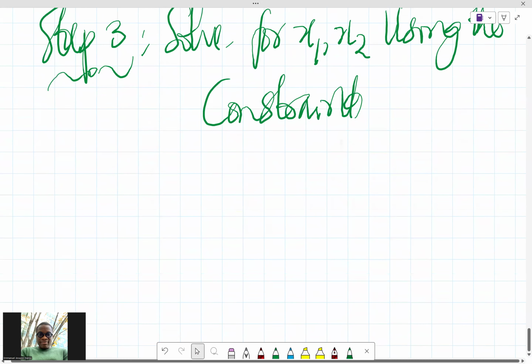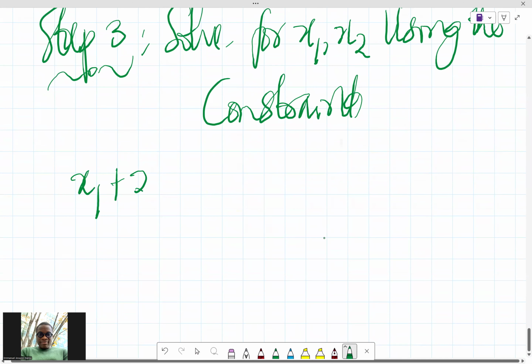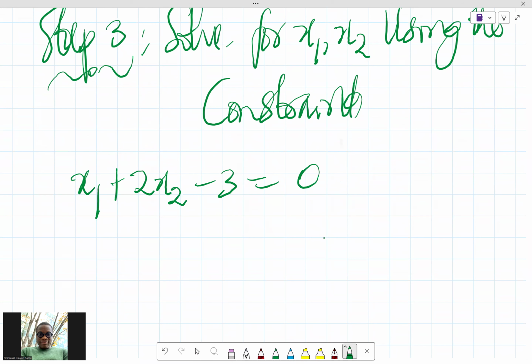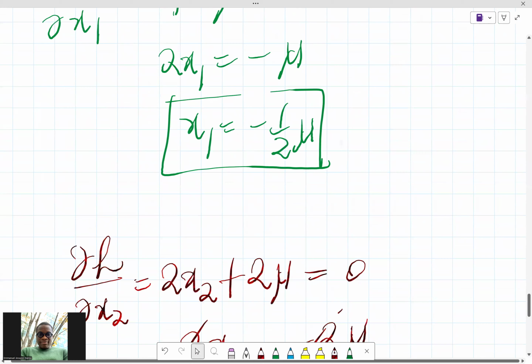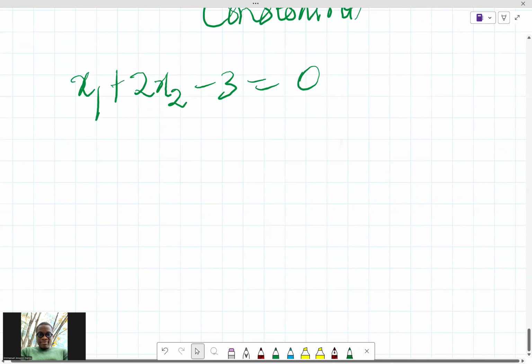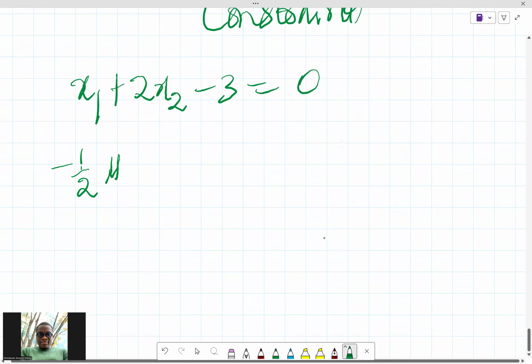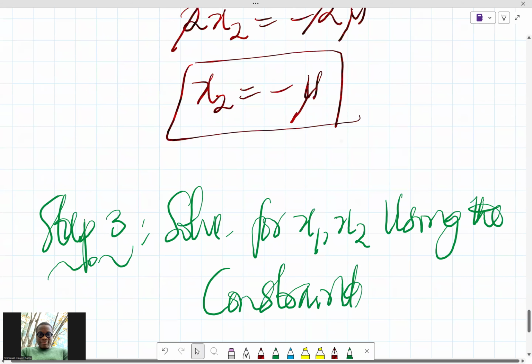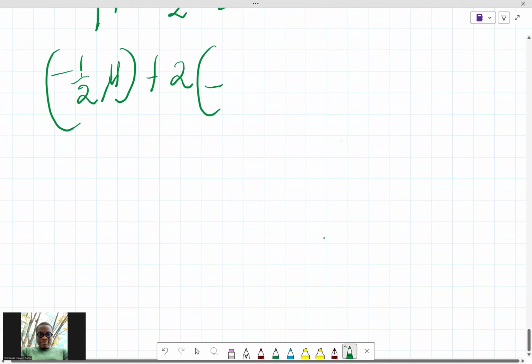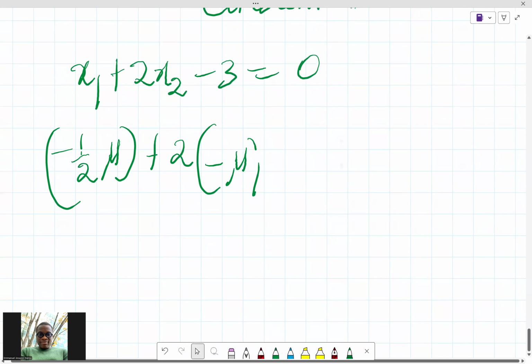So what that means is that we have x1 plus 2x2 minus 3 equals 0. And from that, we know x1 is minus half mu. So we have minus half mu plus 2x2, x2 is minus mu, then minus 3 equals 0.